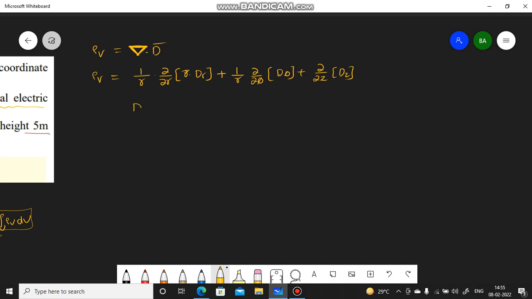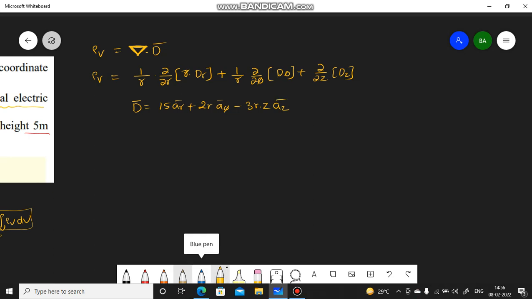The given D bar is equal to 15 a_r bar plus 2r a_phi bar, and minus 3rz a_z bar.